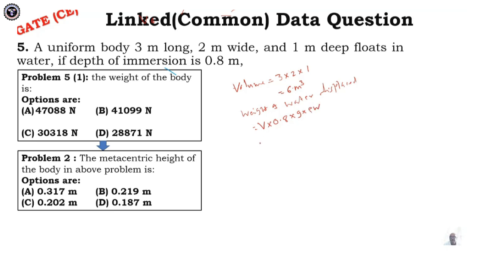That is 6 into 0.8 into 9.81 into 10 raised to 3, which is equal to 47088 Newton. Option A is the right option here.